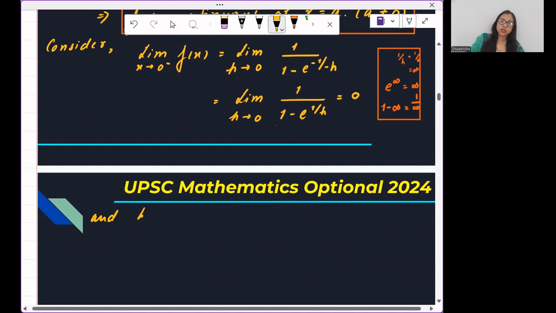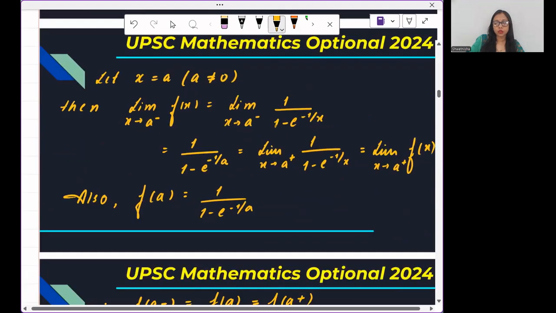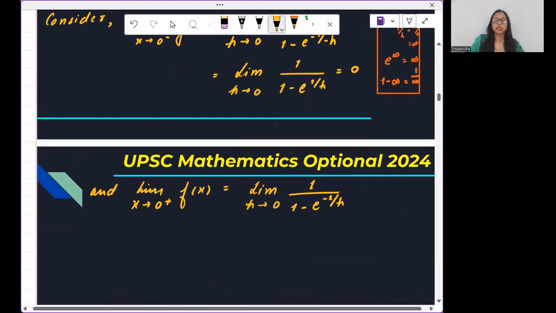And what is the right hand limit? Let x tends to 0 positive. f(x) is equal to limit h tends to 0 of 1 upon 1 minus e raised to the power minus 1 upon h. Okay. Over here, if you substitute, in the rough work I'll show you.